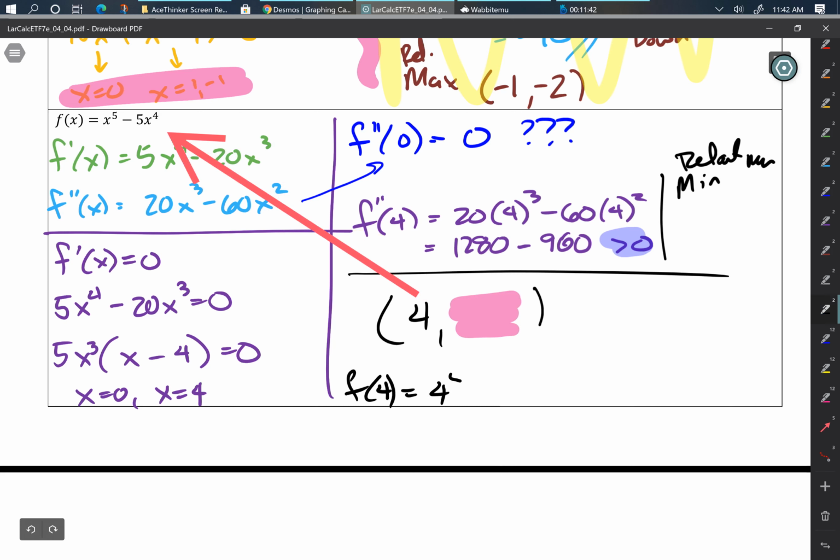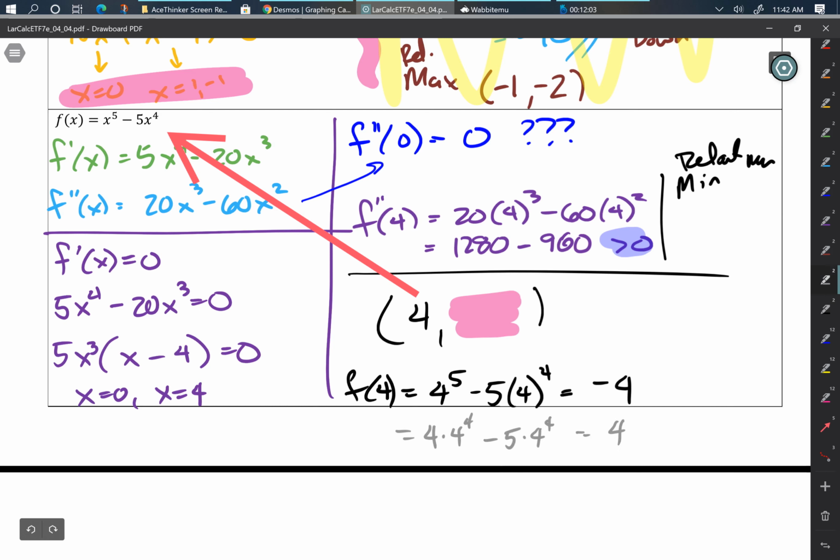So I need 4 to the 5th minus 5 times 4 to the 4th. Okay, little trick here for you. Rewrite the first term as 4 times 4 to the 4th minus 5 times 4 to the 4th.